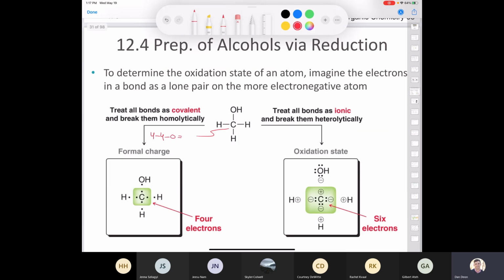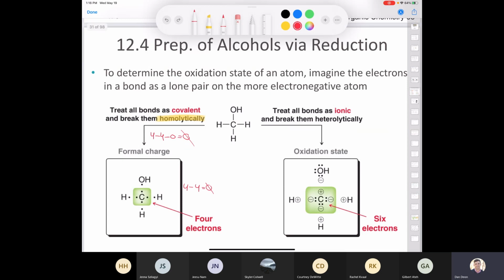So 4 minus 4 minus 0 gives us a formal charge of 0. Essentially, what we're doing is we're breaking the bonds homolytically, right? We're splitting everything up evenly. So you can think about the carbon as having 4 electrons surrounding it. So if you take 4 and you subtract the 4 electrons that are surrounding it, same thing. What do you get? 0. It's essentially the same thing that you're doing here. It's just done in a different way.